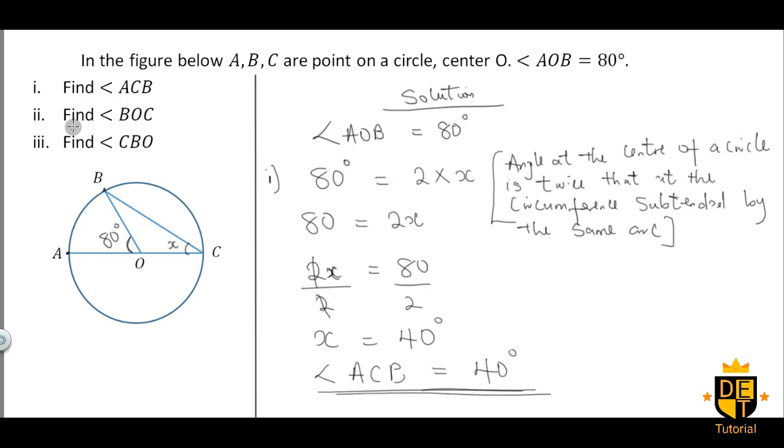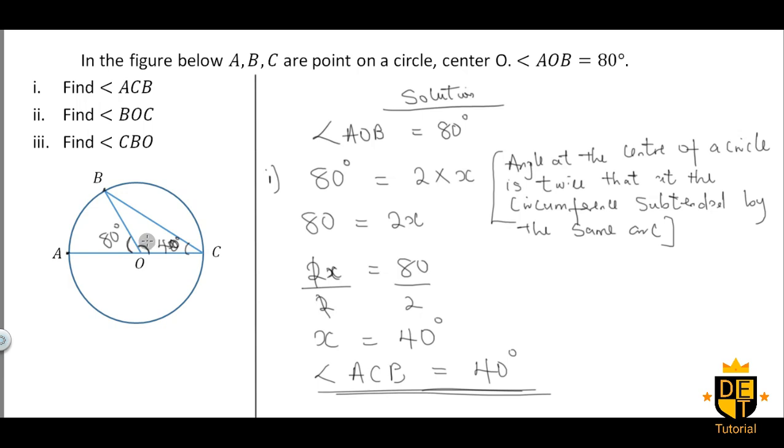Question 2 says find angle BOC. This angle ACB, which I've looked for, is 40 degrees. So the next question says find angle BOC. This is B, this is O, this is C. So this is your angle BOC.